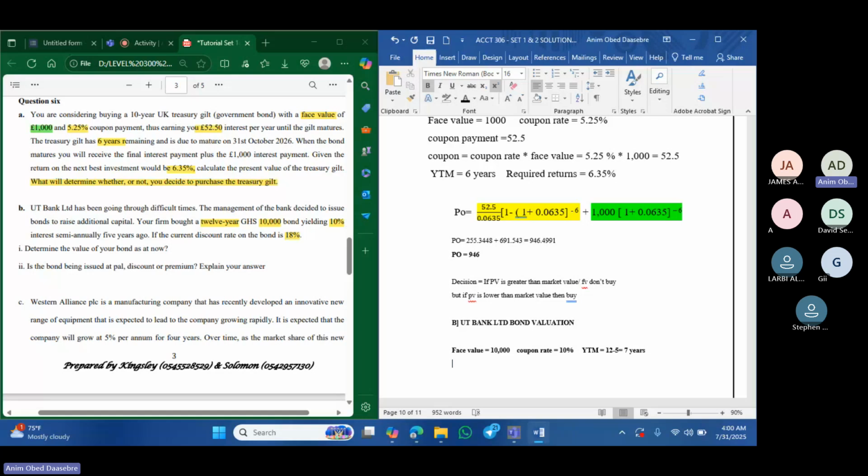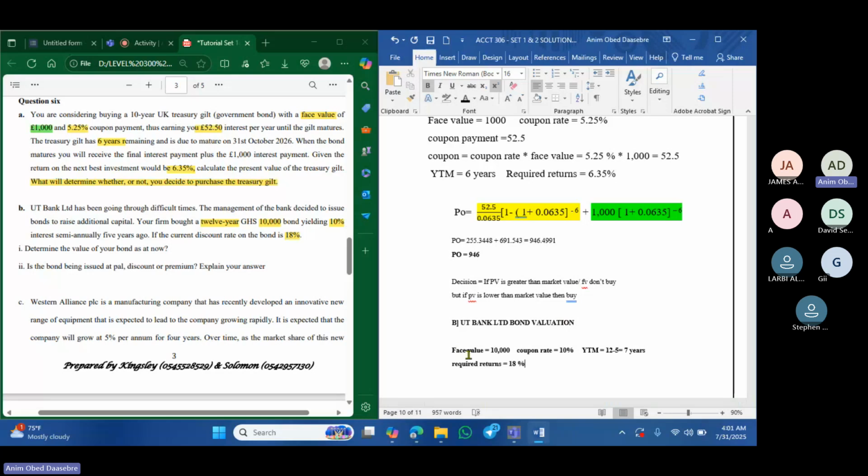So let's note that we will have to find the actual required rate that you'll be using. The required return was 18% annually.